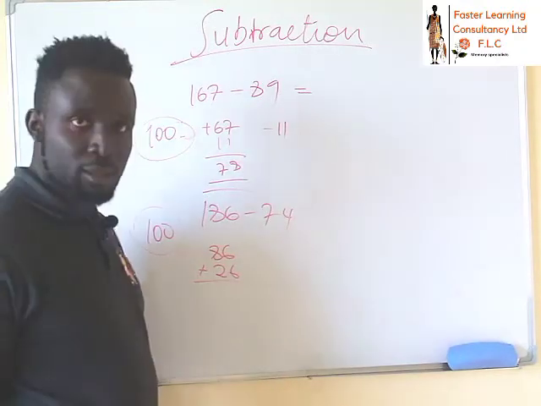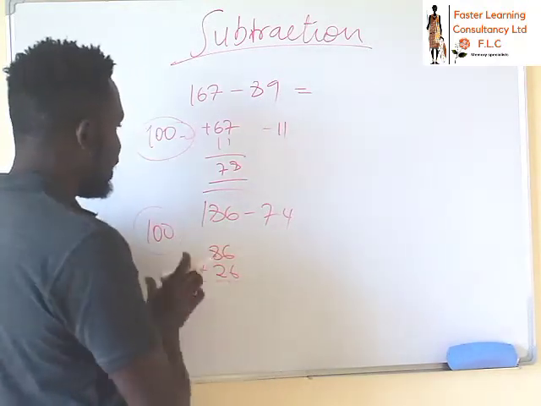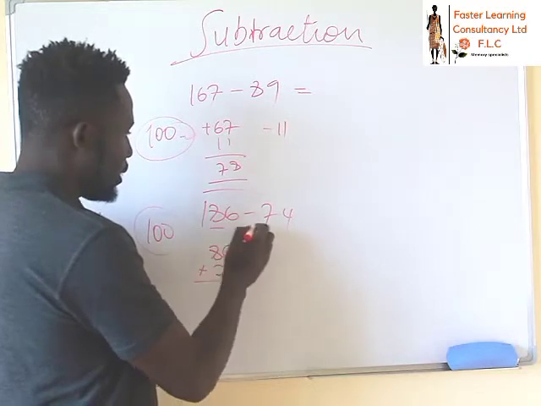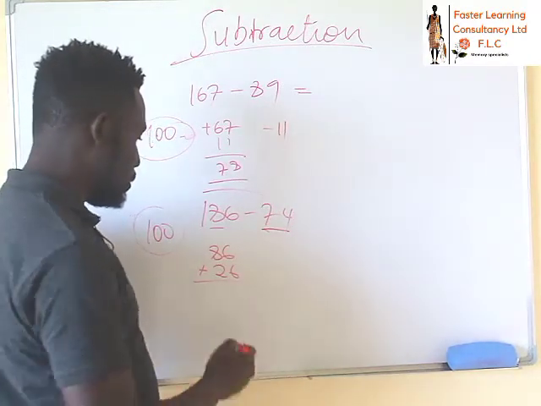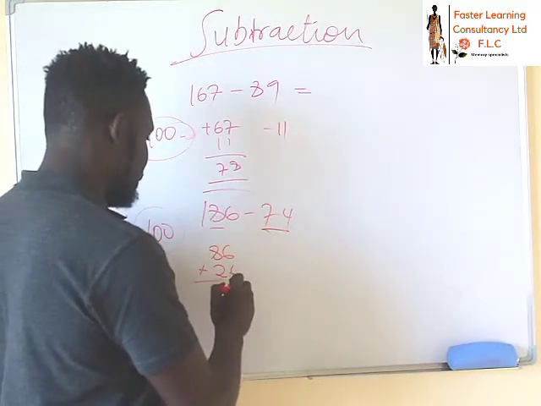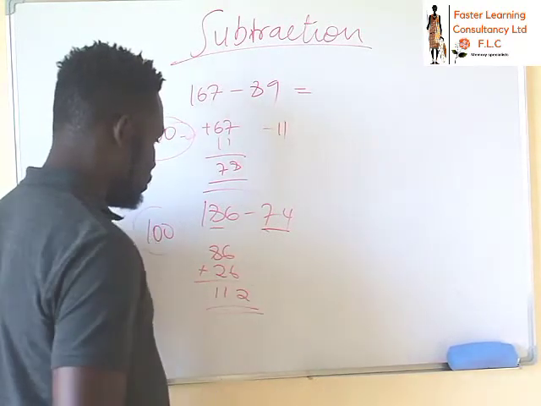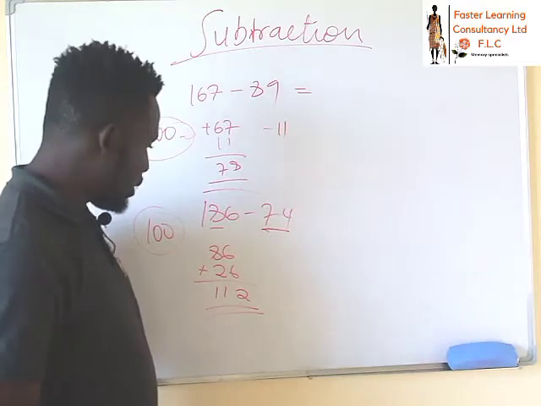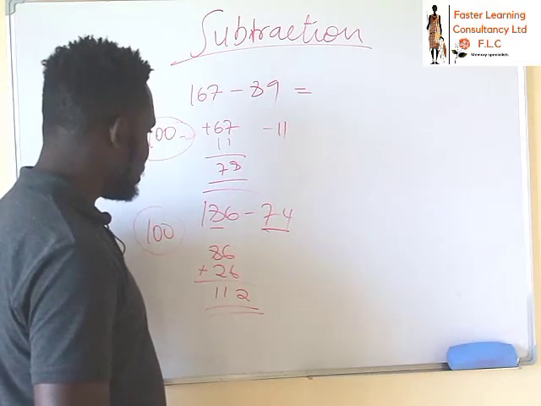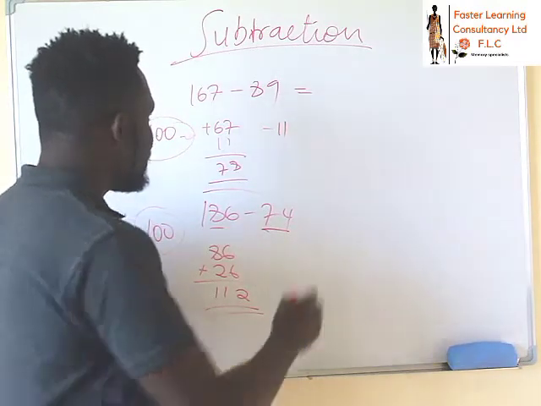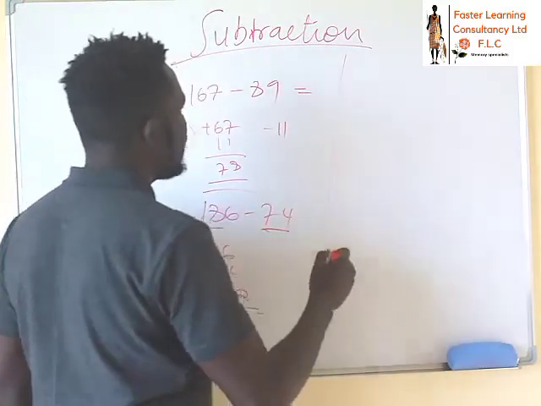You just add those up, and then you have the answer to 186 minus 74, which is 112. Yeah. And you can also try another one.